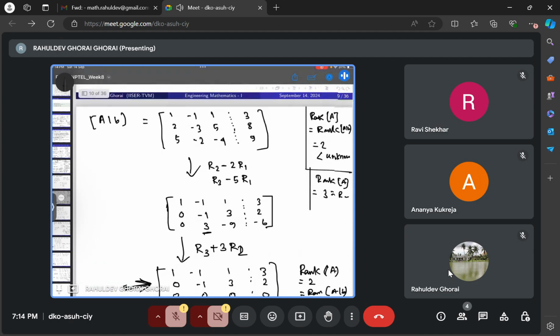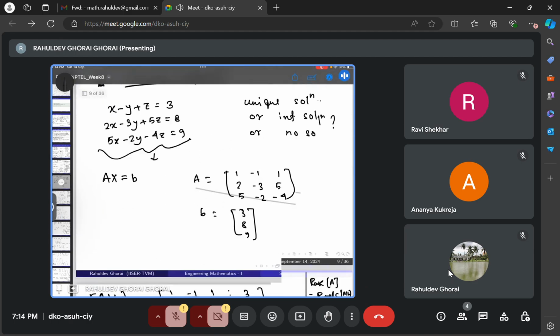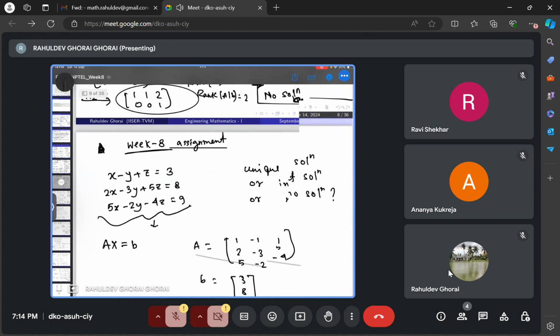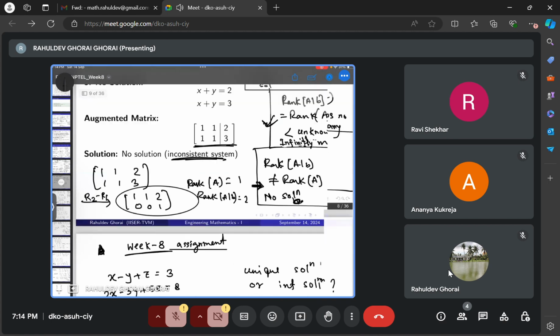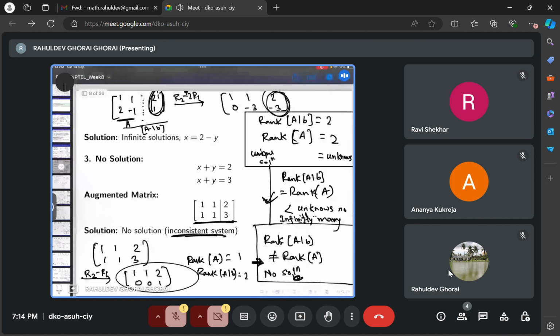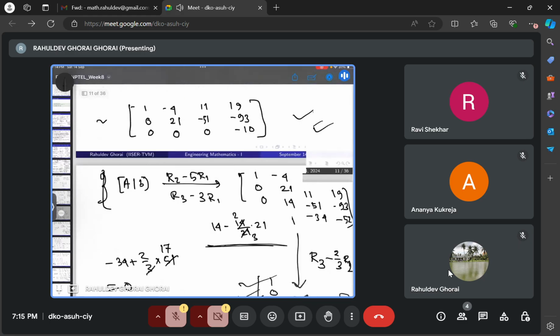Yes. These were the three rules. You can check, I will upload this PDF, and you can go through it. These are the three things we have discussed.